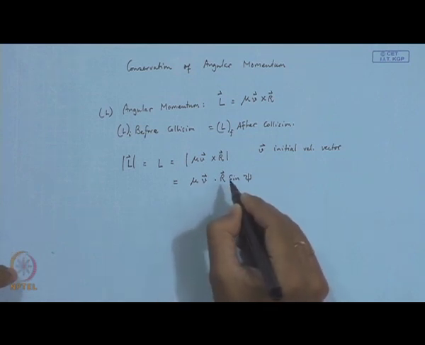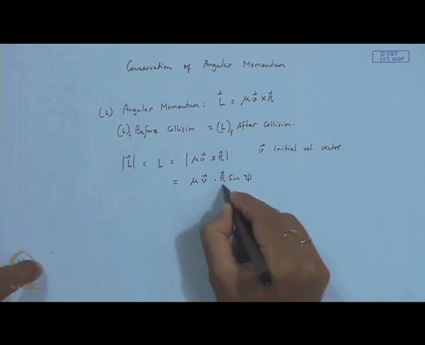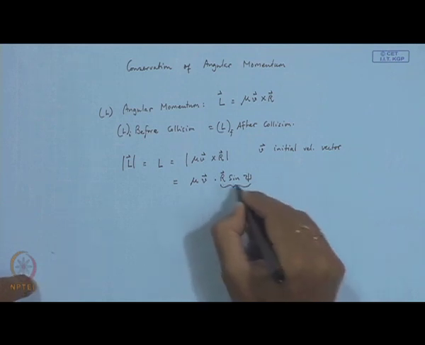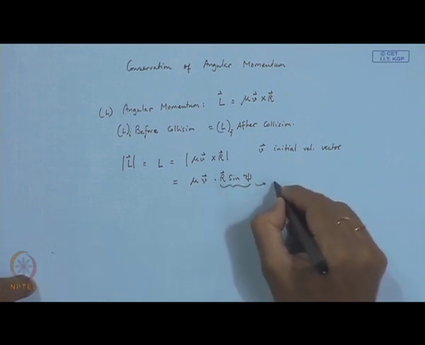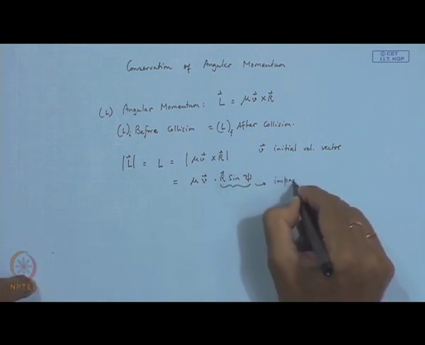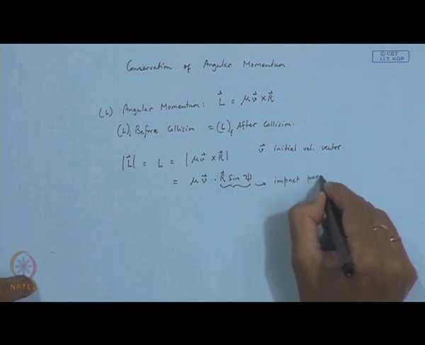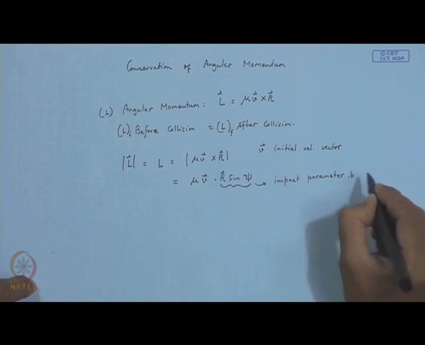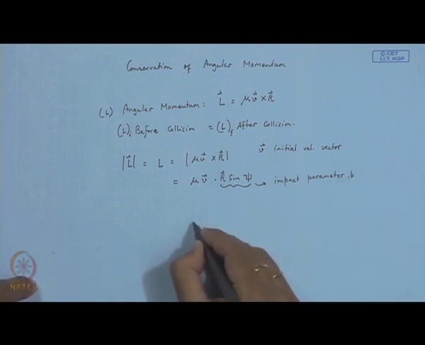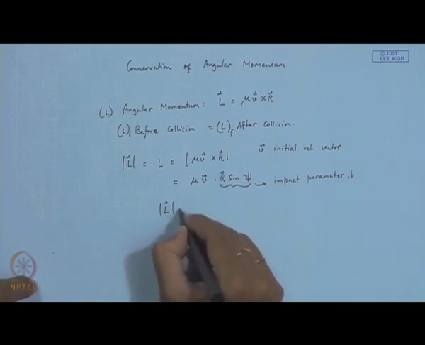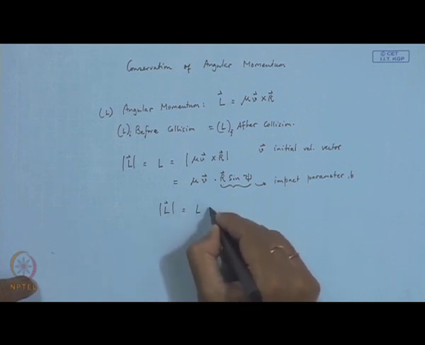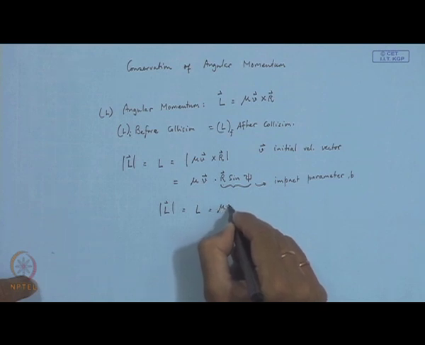You can replace this r sin psi with the impact parameter B, so you can relate this with the impact parameter. Ultimately L is equal to mu v into B.